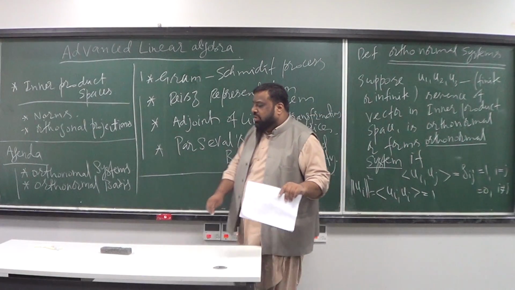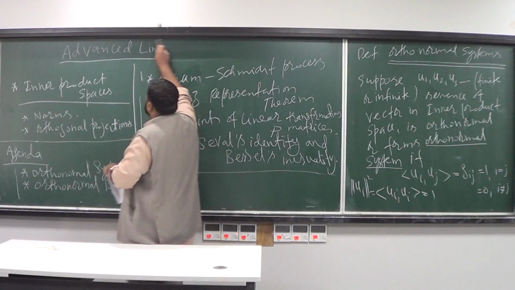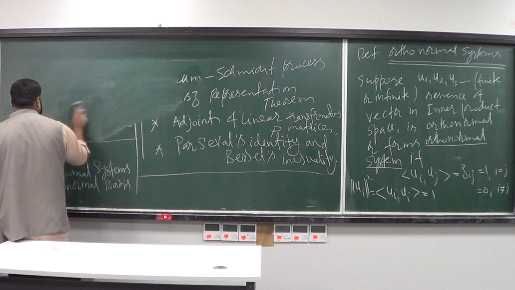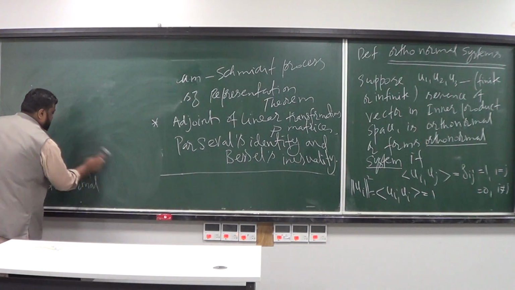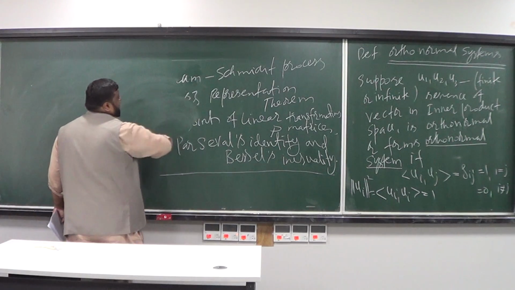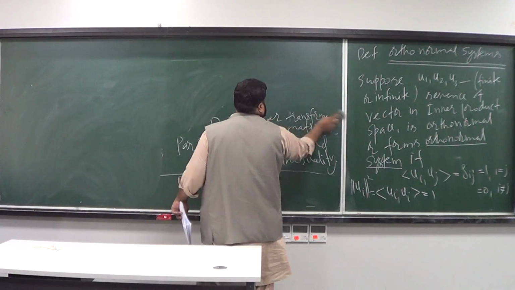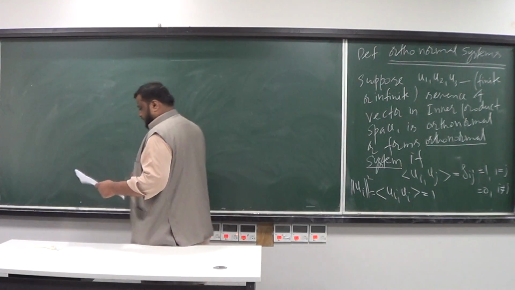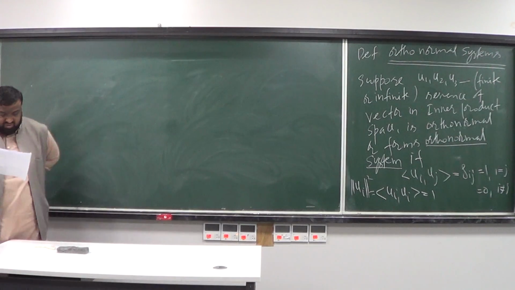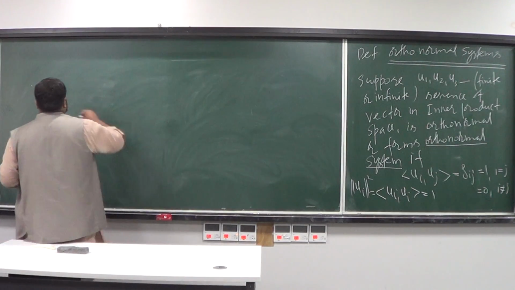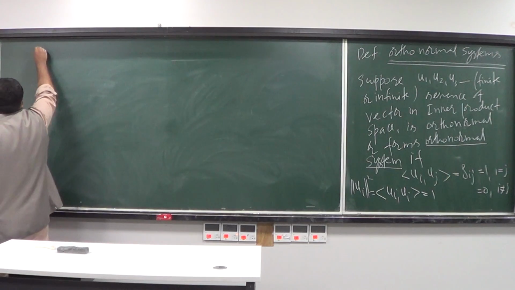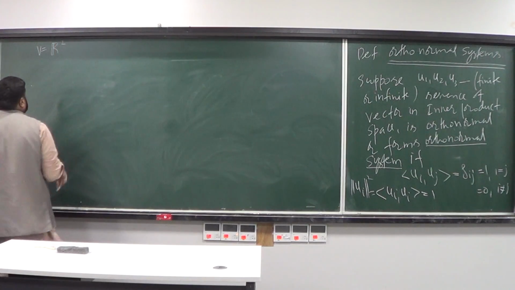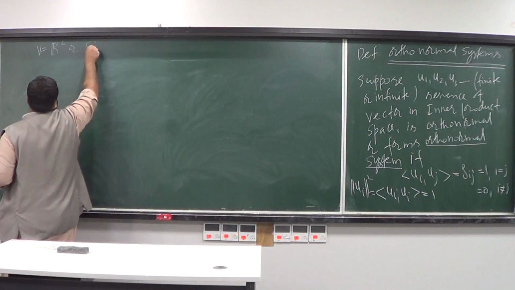What are some examples of orthonormal systems? For example, take V as R2 or C2.